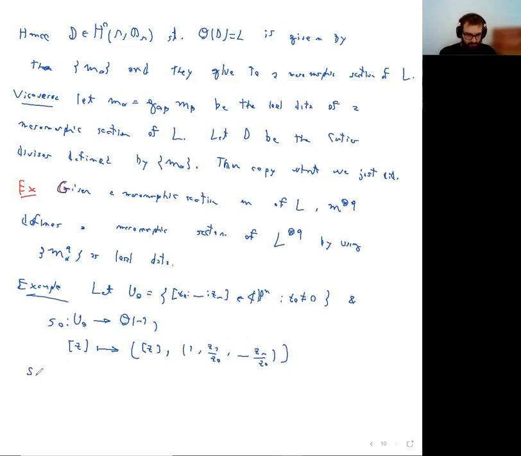This is a holomorphic section. It's of course well defined because this is homogeneous. This is holomorphic of course only on U0, but it extends to a meromorphic section.